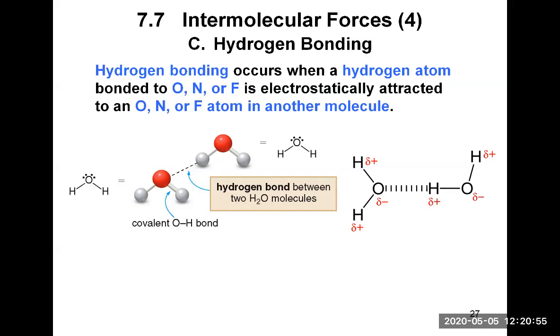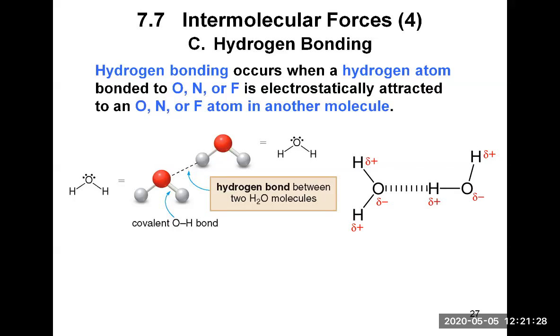You see that on the right side, where you have two molecules with the delta pluses and delta minuses showing up. And then the dashed line between the oxygen of the first molecule and the hydrogen of the second molecule illustrates the attraction between the partially negatively charged oxygen and the partially positively charged hydrogen.